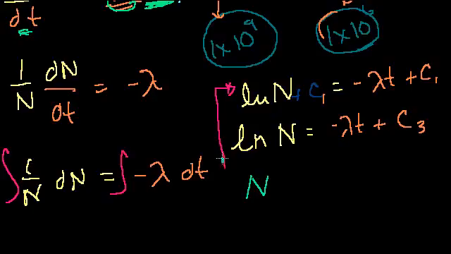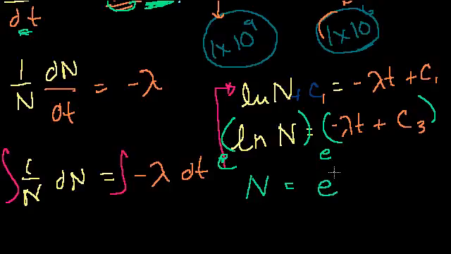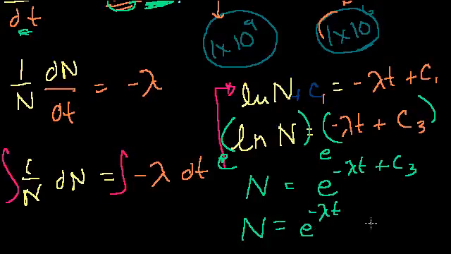I'm raising e to both sides of this equation. So this e to the ln of n is just n, and that is equal to e to the minus lambda t plus c3. And now this can be rewritten as n is equal to e to the minus lambda t times e to the c3.